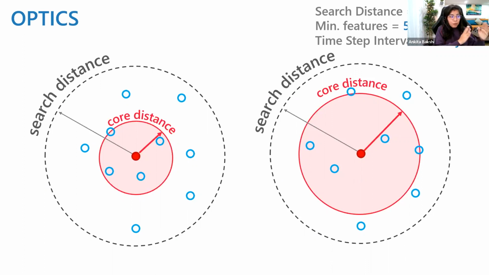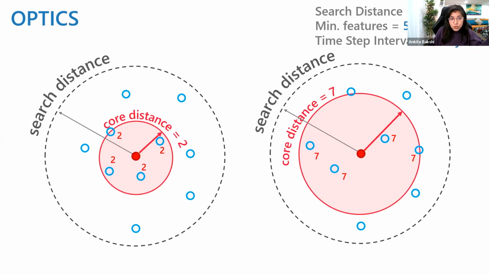Both of them have 5 features, but on the left, the distance at which I found 5 features was, let's say, 2. And in the right example, the distance at which I found the minimum 5 features was 7. So now the densities have varied. Both of them are clusters, but the one on the left is more dense, and the one on the right is sparse. So even if these two are clustered, you can find clusters with varying densities.